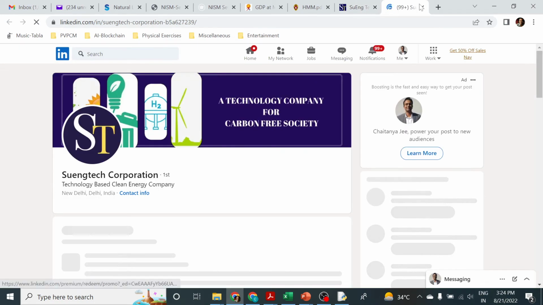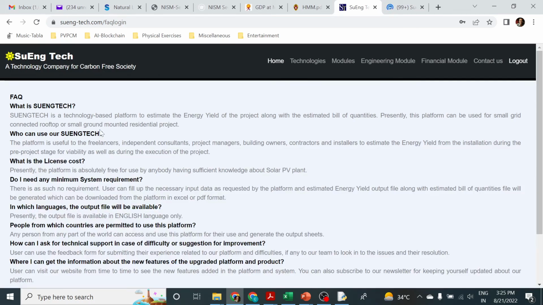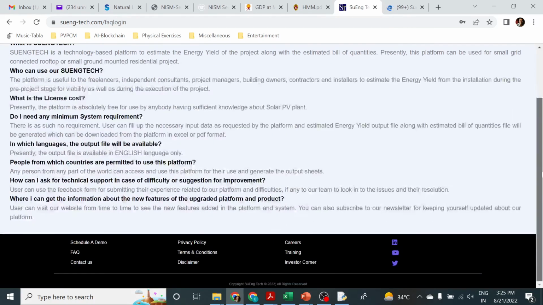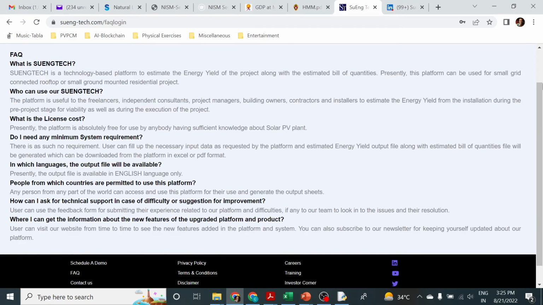So Suentech. There are certain FAQs also, so you can go through that. You can go to schedule a demo where you can get the details.